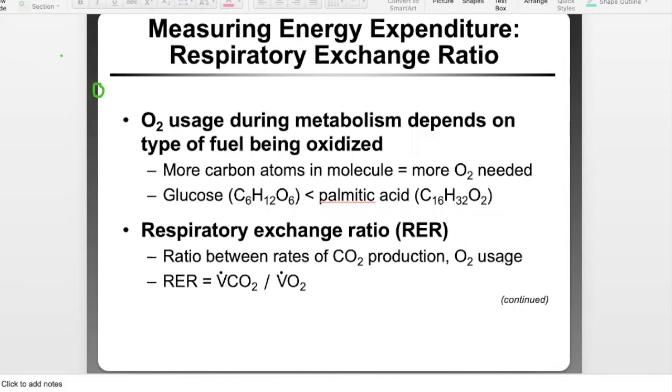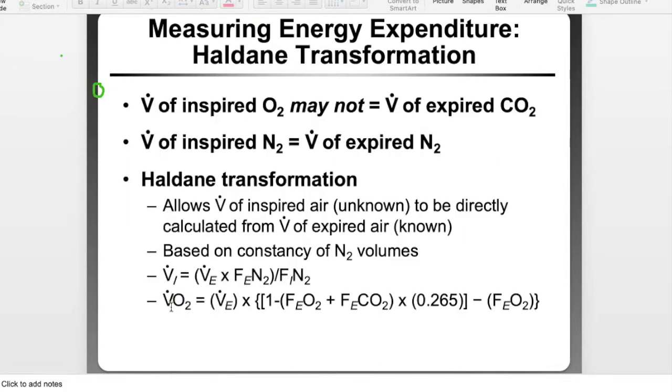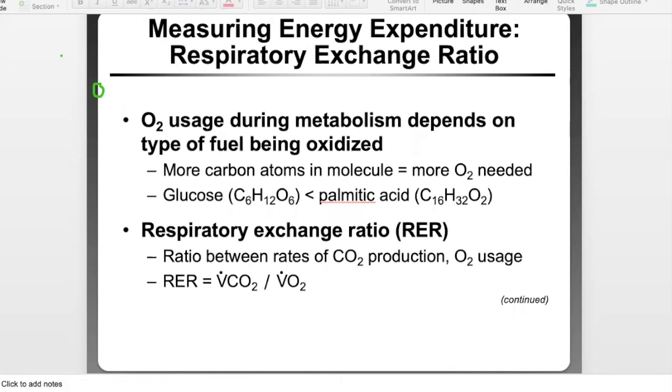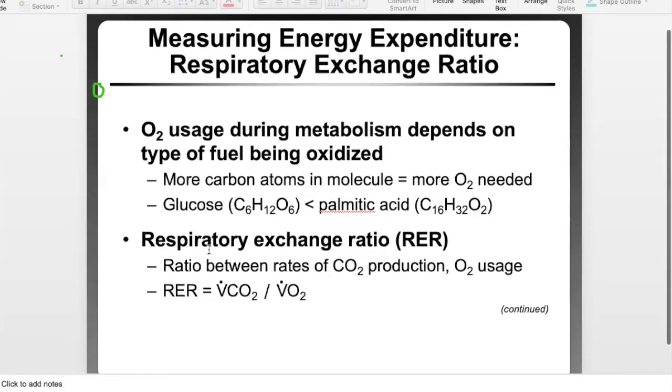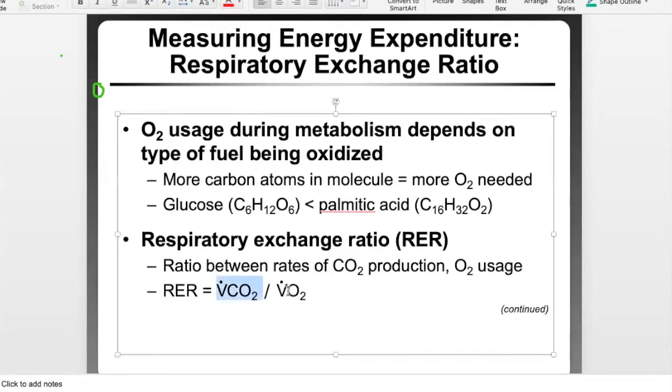Now, this is known as your respiratory exchange ratio, the ratio of carbon dioxide produced versus oxygen consumed. And the respiratory exchange ratio is going to be a value between, say, for instance, 0.7 and 1.5 or a little bit higher.